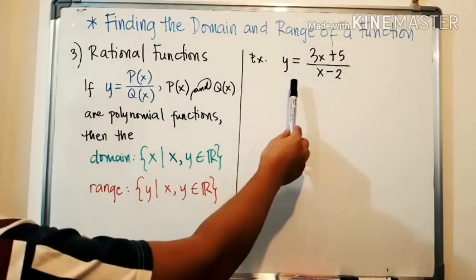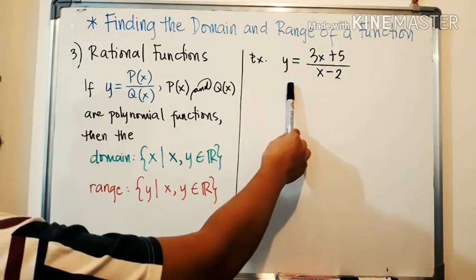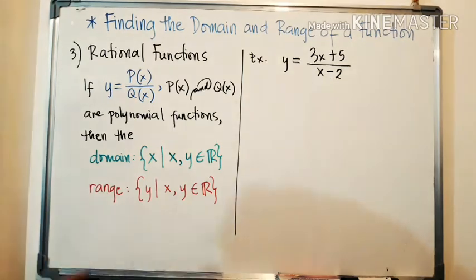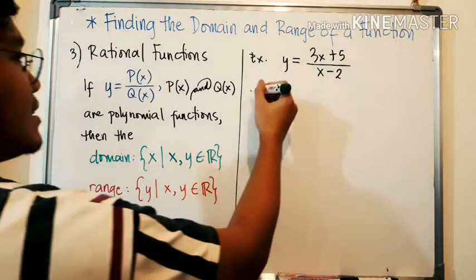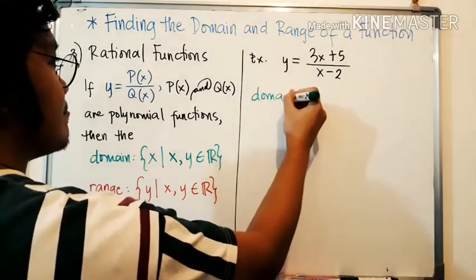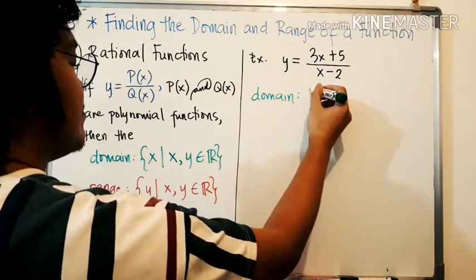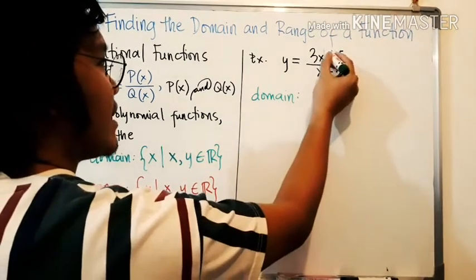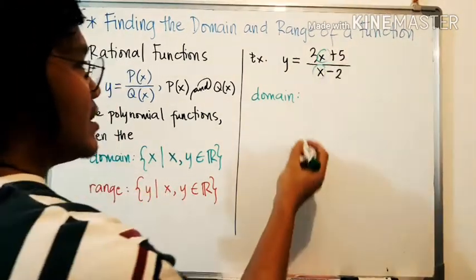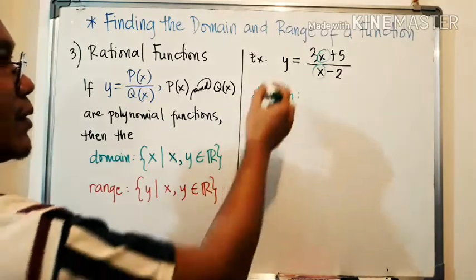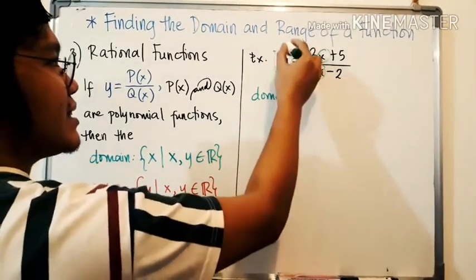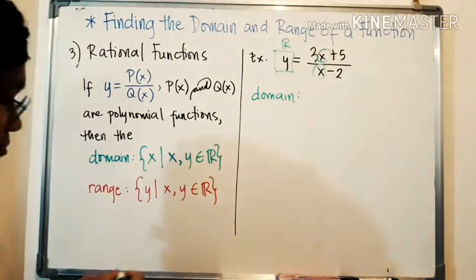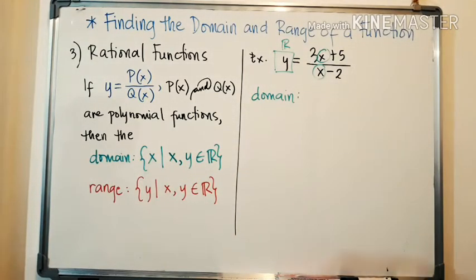We have the rational function y is equal to 3x plus 5 divided by x minus 2. Let's start with finding its domain. So, ang concern natin dito is, anong mga possible values kaya ng x wherein y is defined or y is real?